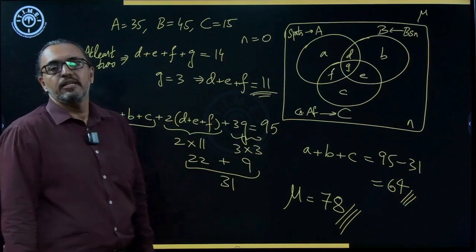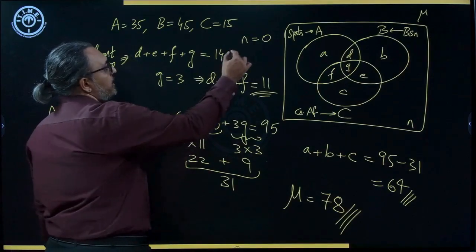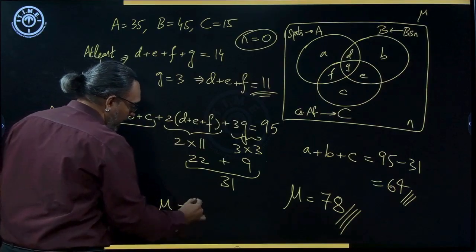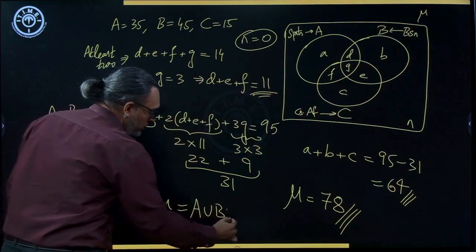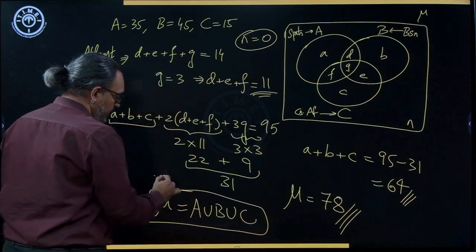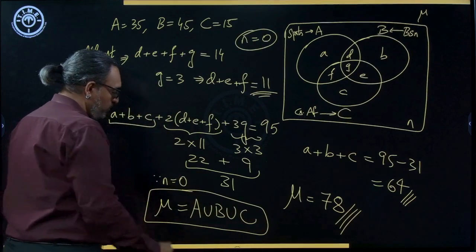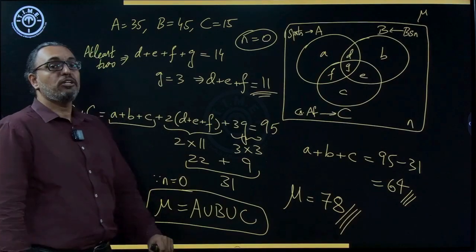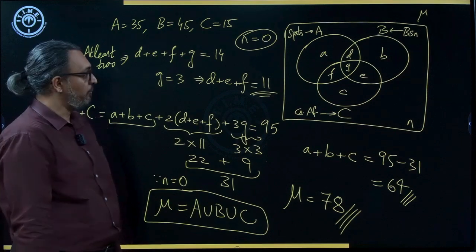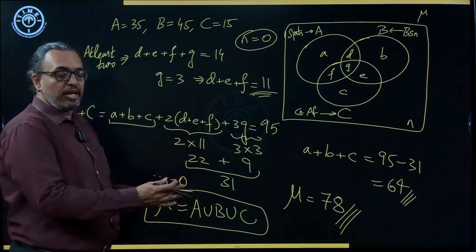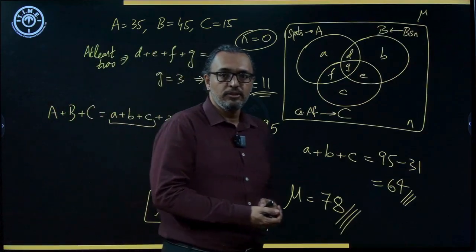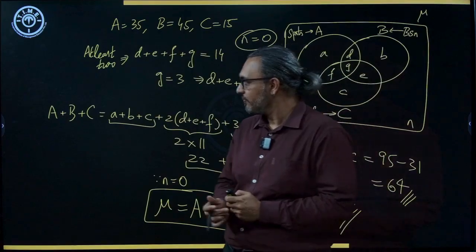So mu is 78. So in this particular case, whenever N is 0, mu is same as A union B union C. Whenever N value is 0, we get mu as equal to A union B union C. Correct? Yeah. So these are the values we have. Now let's have a look into the questions.